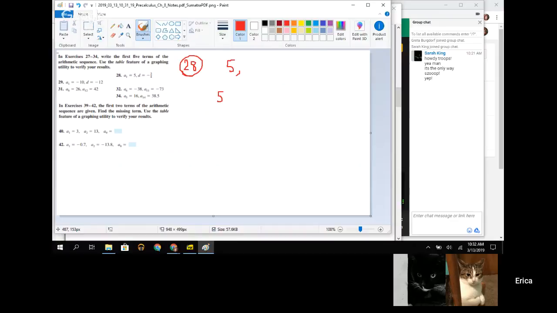So if I'm trying to find a sub 2, the difference is equal to a sub 2 minus a sub 1, or a sub 2 equals the difference plus a sub 1, right? So I could just add negative 3/4 plus 5 together to get my next term.